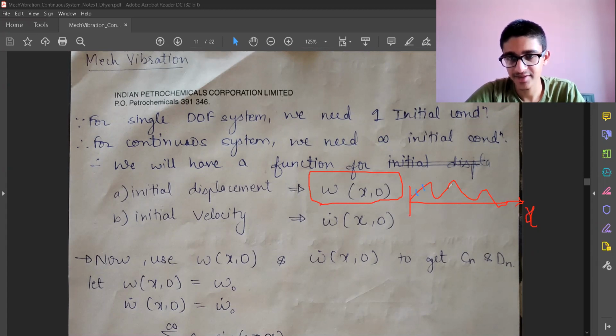So let's assume this is the t equal to 0 position for the string. This function is going to give me the displacement at all positions of x. And similarly, w dot, or the velocity, can be something like this, and that initial velocity function is also given to us.